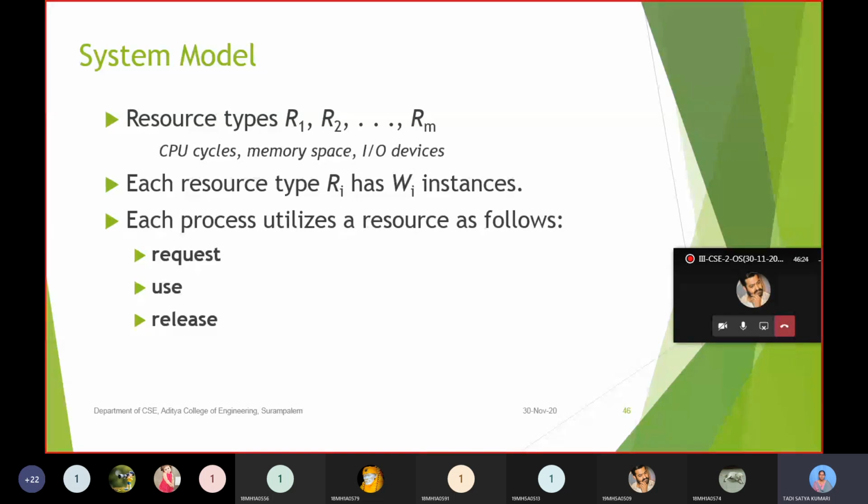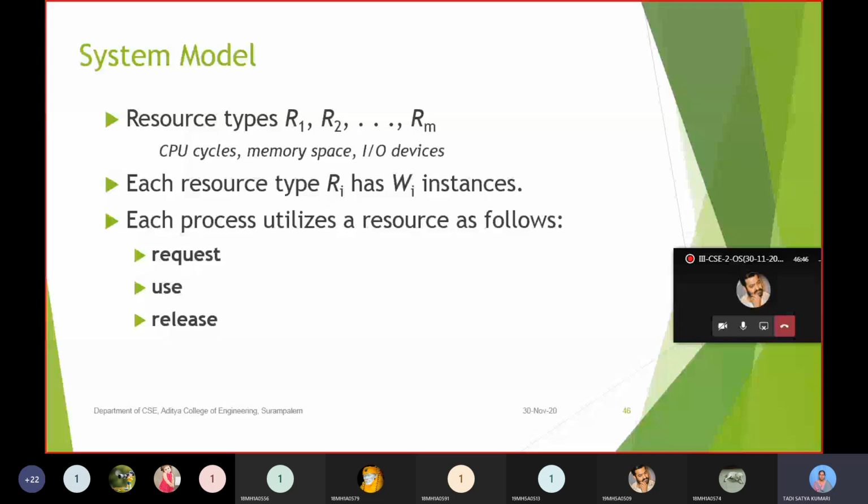For example, a process is requesting the CPU. The processes which want to use the CPU will be kept in the ready queue, as we know. So when the process enters the ready queue, it means the process is requesting the CPU.